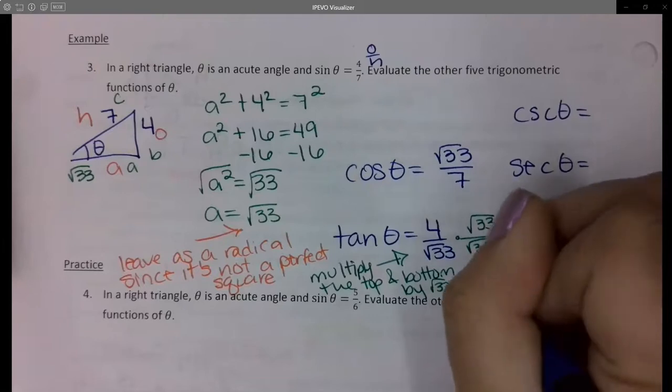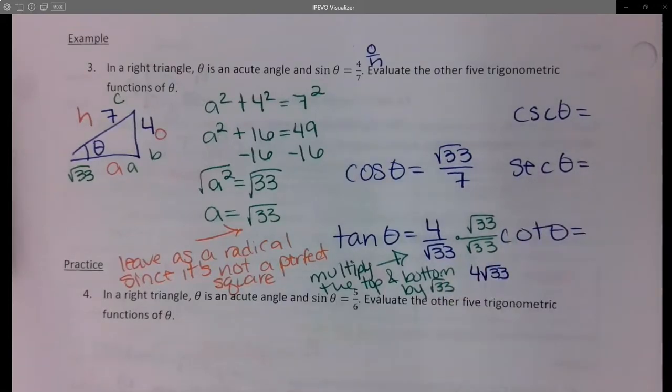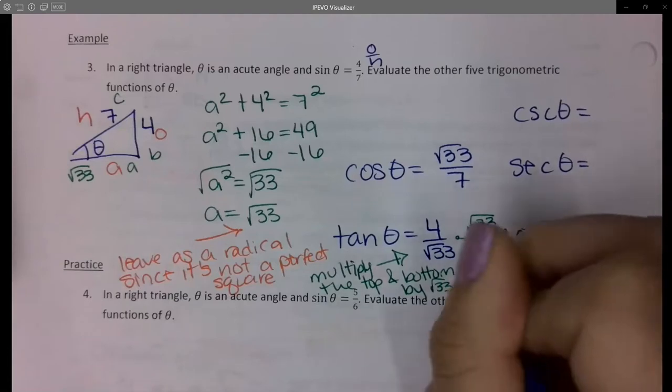So when I do that, on the top I'm going to get just 4 square root of 33, because I can't combine them because of the radicals. And on the bottom, when I multiply two of the same radical together, the radical just disappears, and it turns into a regular 33.